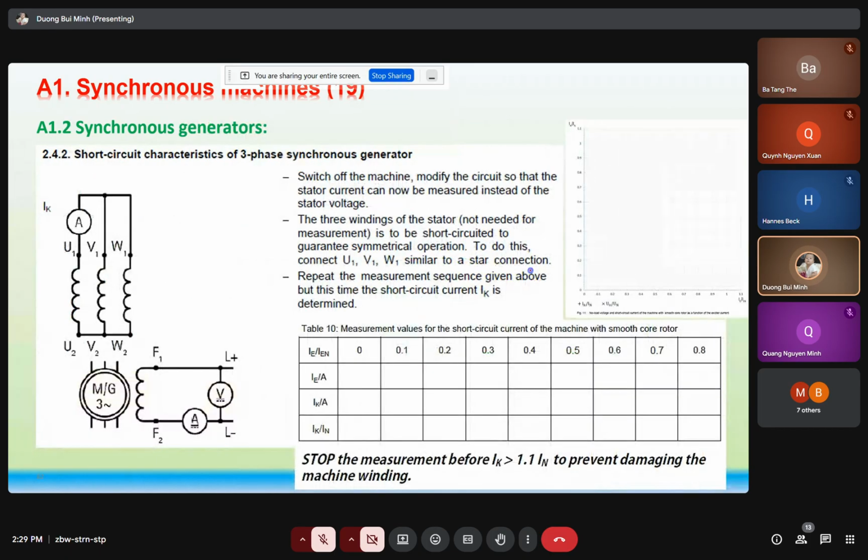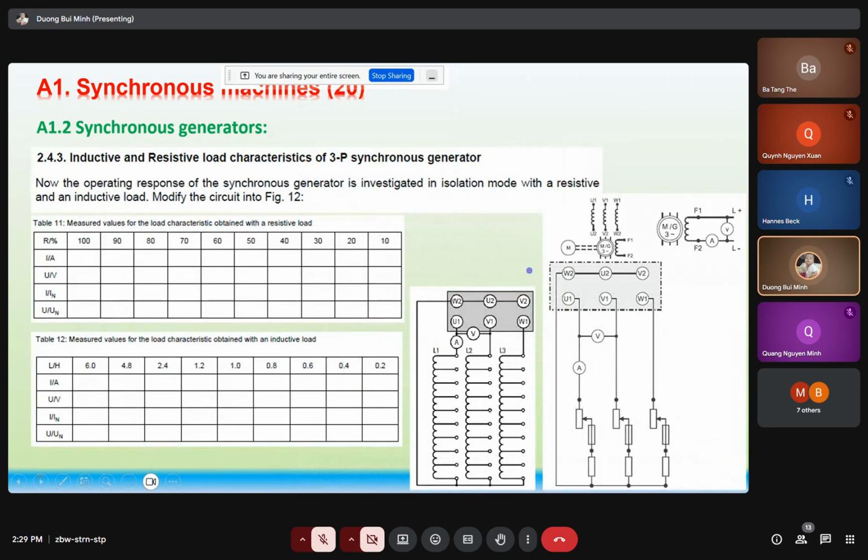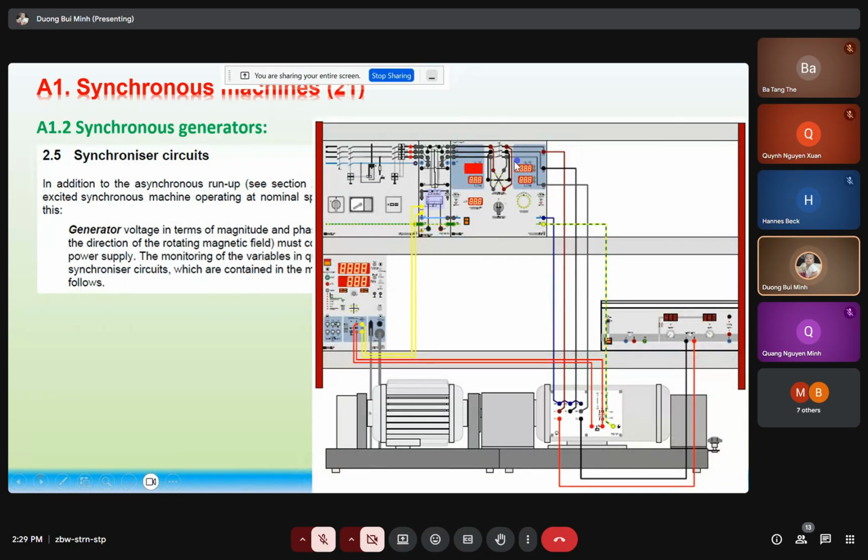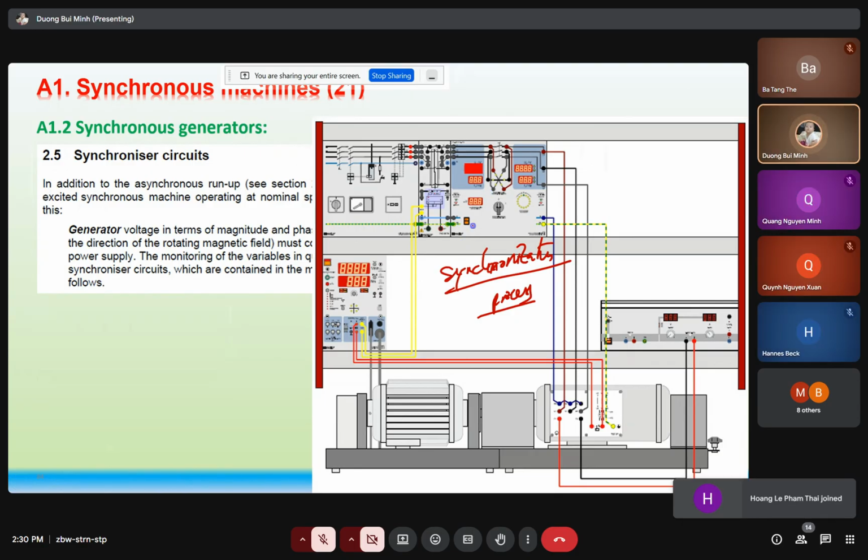Okay, this one is for synchronous generators. For a synchronous generator, how can we make the synchronization process? Yeah, this is the synchronization process. If you have really attended my classes, you can know what this is, right? This is the synchronization unit.